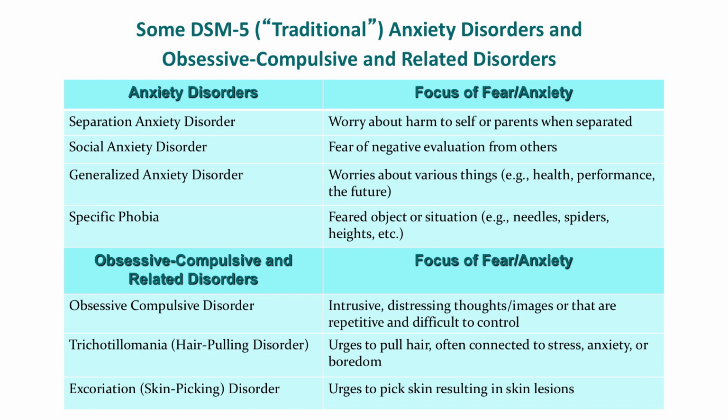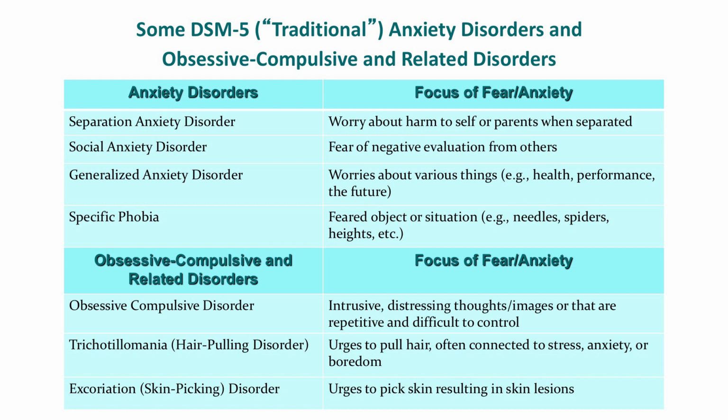Our diagnostic manual for behavioral and mental health disorders is called the DSM. And in the DSM, these are some of the anxiety and obsessive compulsive and related disorders. It's not all of them. And I have written up here traditional because these are ones that we have diagnoses for.